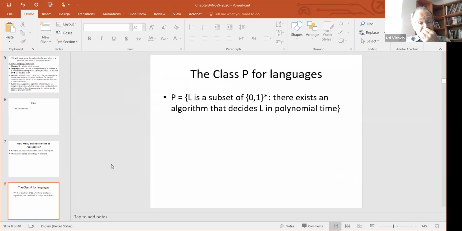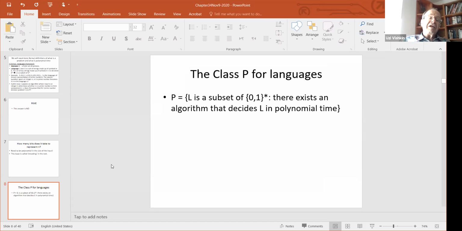For languages, the set P is the set of languages, say over the binary alphabet, such that there exists an algorithm which decides L in polynomial time.